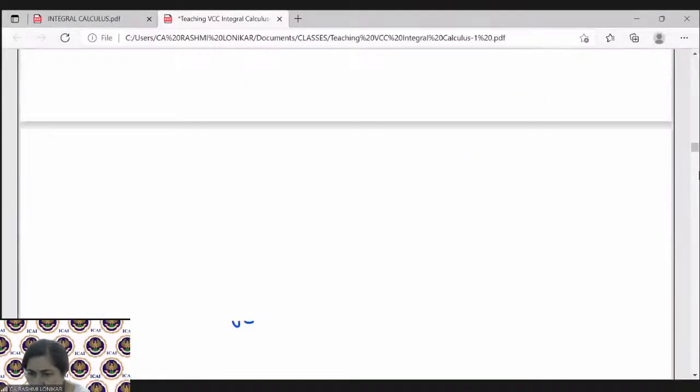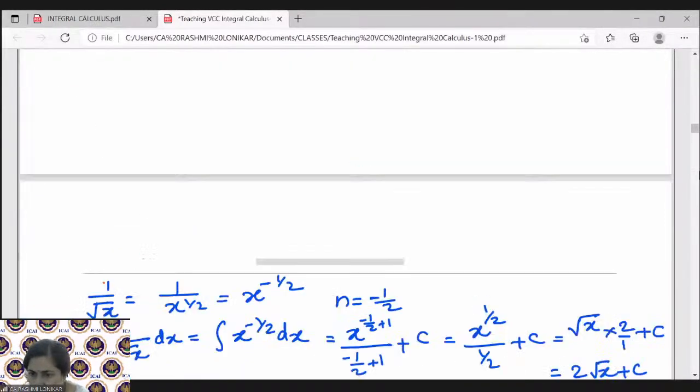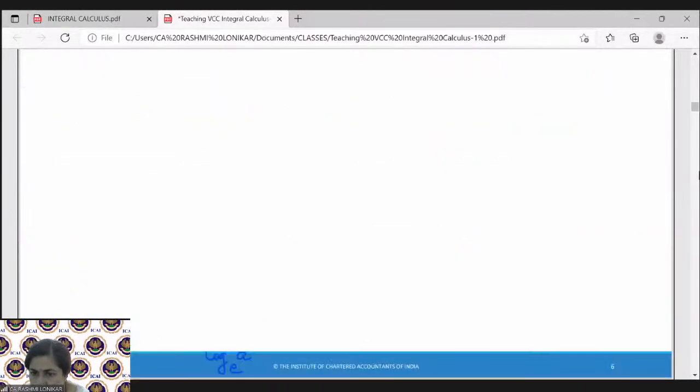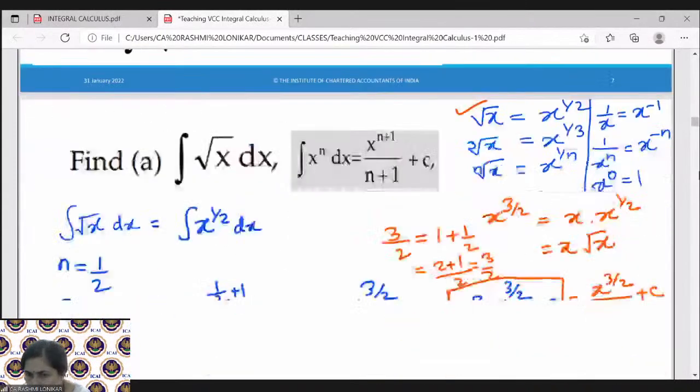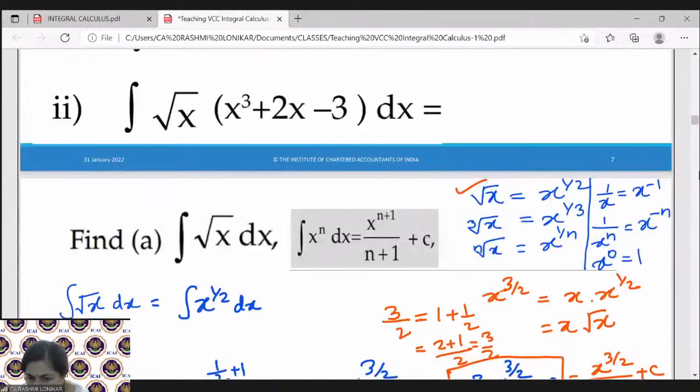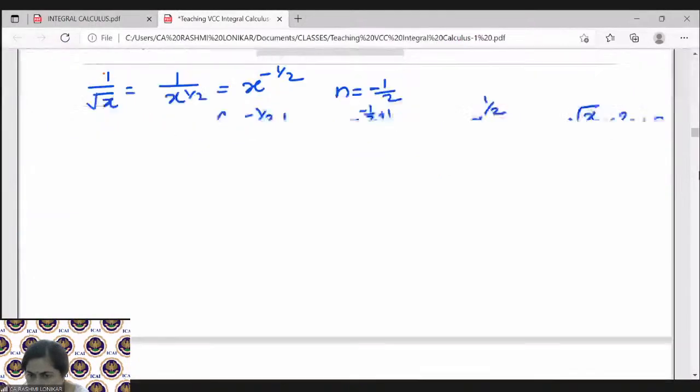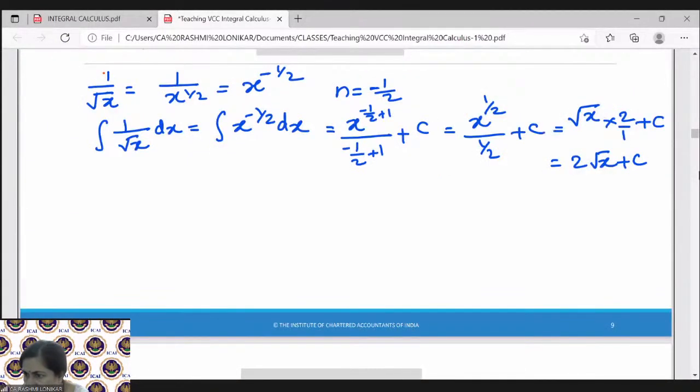Priyanka, where was 1 upon x? Where did we find 1 upon x? Just a minute. This fifth one, where? We did not have integral of 1 upon x here, Priyanka. It is 1 upon root x.